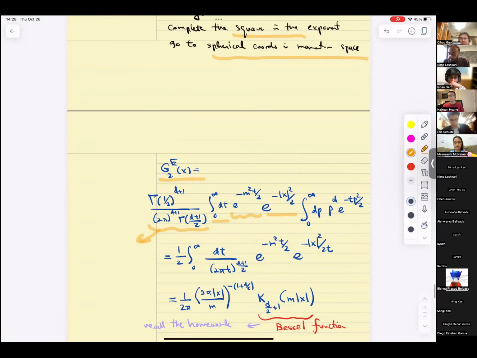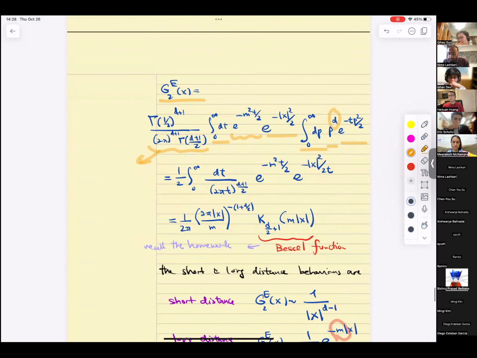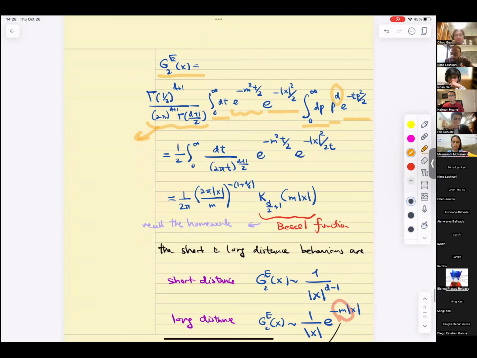But anyway, and then the remaining is an integral over dp p to the power of d e to minus t p squared over 2. Oh, there might be a typo. No, this is d. That's good. Yeah, it's not d+1. Good. You do the integrals. You go through. I've done them step by step for you to make sure that you could follow. At the end, this is the expression you end up with: half, 2 pi x over m to the power of minus (1 plus d) over 2, a Bessel function.